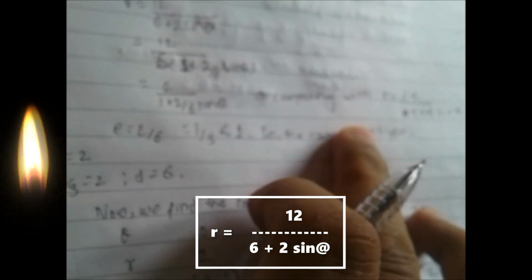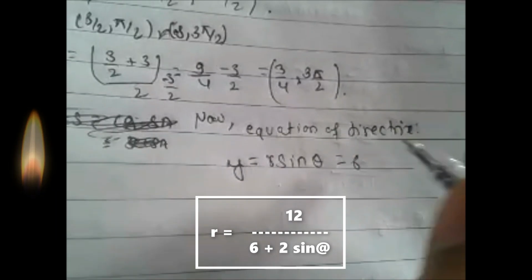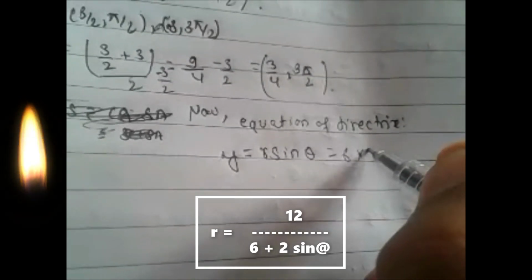We have d as 6. So r is 6, sine theta, pi by 2, and sine pi by 2 is 1. So the first directrix is y equal to 6.